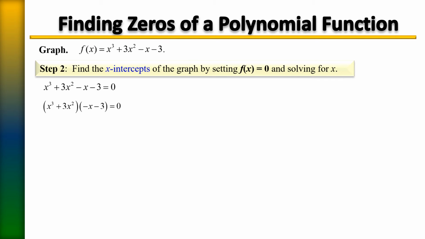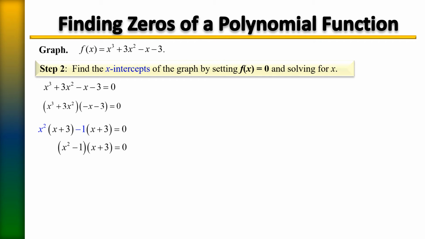With the first group, they had a greatest common factor of x squared, and the second group, they had a -1 in common. So once we took that out, recall that our GCF is x plus 3, and what is left is x squared minus 1.